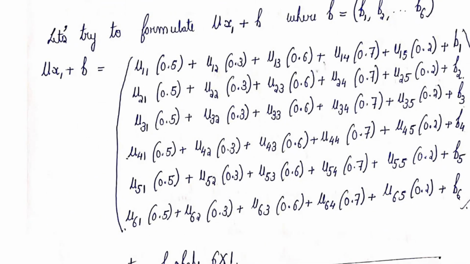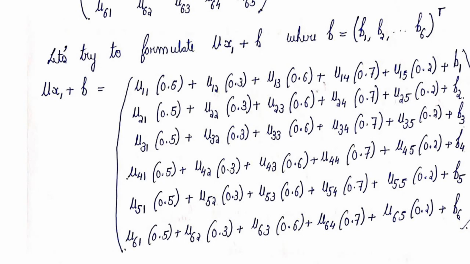Now let's carefully see how the multiplication is done. This is the usual matrix multiplication. Over here, if we focus on this equation, this is an unknown parameter, this is again an unknown parameter, and so is this, and this. Now this entire first row resembles a linear regression equation.